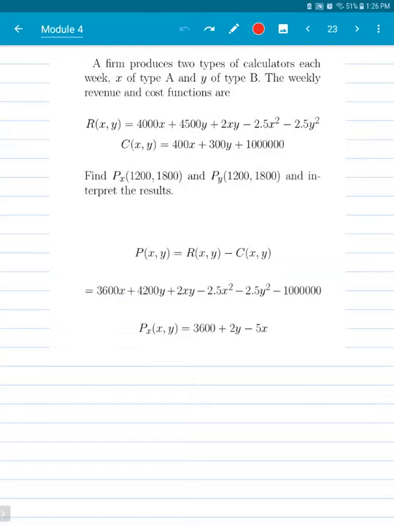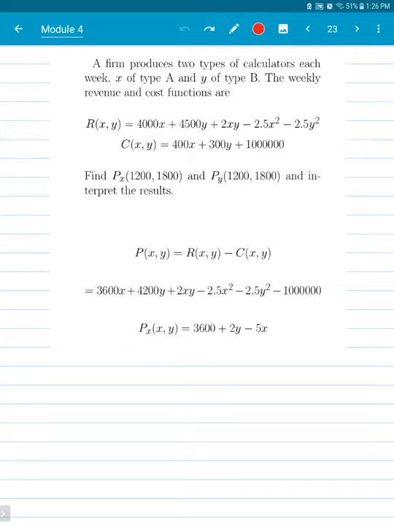The derivative of this one is 0, because y is constant. And then differentiating 2xy with respect to x, what's left is 2y. And then this one, just use the power rule, bring down 2, you'll get 5x. Then there's 0. They are constants.